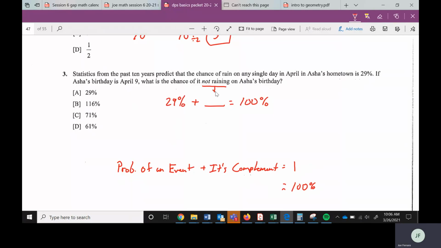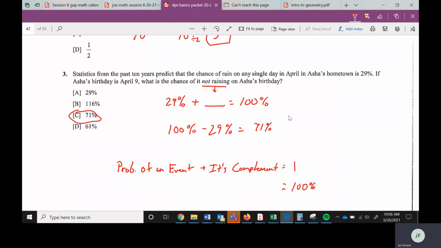So this would go right here. Okay, so you could look at this or you could do algebra, but basically what it means is you do the opposite and you subtract this amount, or in other words, you would take 100% minus the 29%, what's left over, and that is 71%.